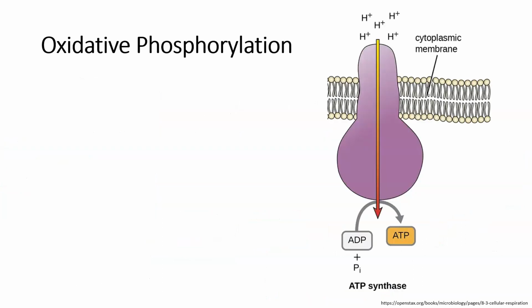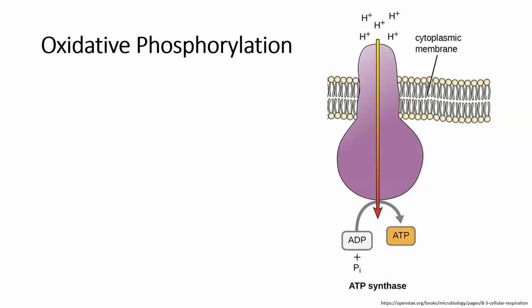The energy that is stored in the hydrogen ion gradient is captured as the ions flow down the gradient through a protein called the ATP synthase. This transmembrane protein, which spans the membrane, has two main components: a channel that allows for the movement of hydrogen ions and an enzymatic portion that combines ADP with inorganic phosphate to make ATP.